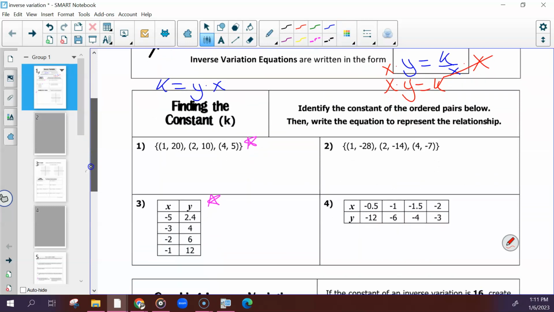So just like direct, when finding your k value, it needs to be the same for all of your ordered pairs or values in the table. So we're going to multiply these together in number 1 and see what you get for each one. And if they're all the same, then you can say that is your k value.